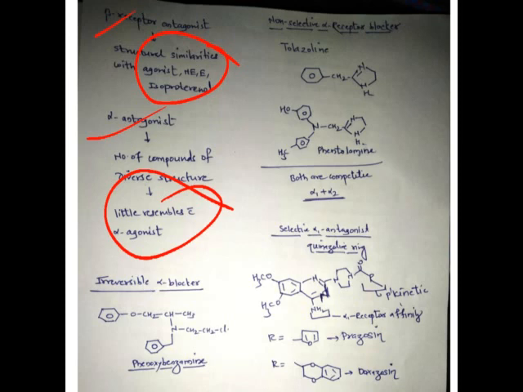So write down the structures of alpha blockers: phenoxybenzamine, tolazoline, phentolamine, prazosin, doxazosin. Please write down the structures.